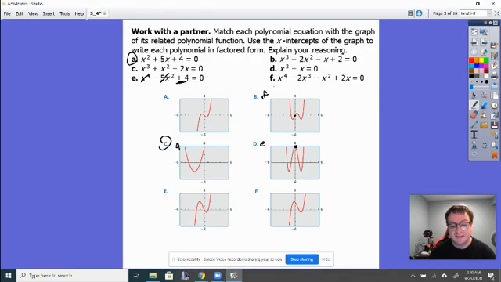Okay, I can use that same thought process for my other 3, at least to narrow them down a little bit, because this one crosses at 0, this one crosses at 0, and this one crosses at 2. So I should be able to find the one that crosses at 2. Plugging into little b, 0, 0, 0, I cross at 2. So this is my little b. So then the only 2 I really have to figure out are A and E.